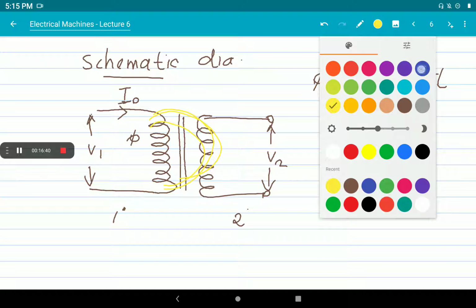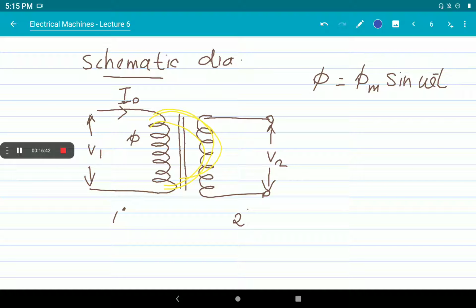According to Faraday's law, whenever we apply an alternating voltage, and there is a rate of change of flux, there will be an induced EMF. A self-induced EMF will be produced in the primary winding, which is E1, and a mutually induced EMF, that is the EMF induced in the secondary, is E2.